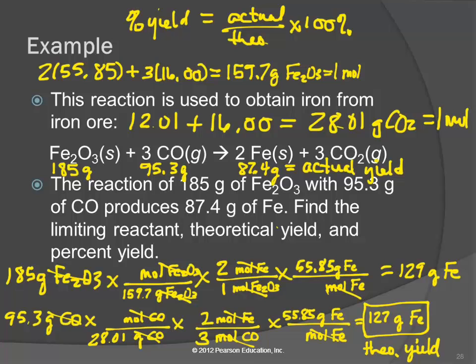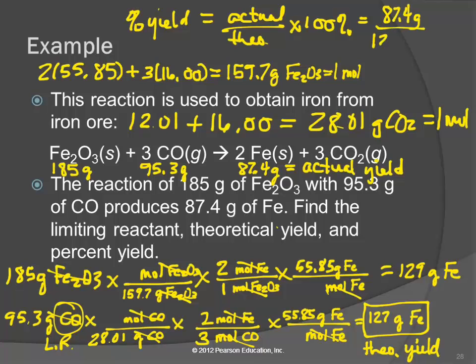That's one of the things they ask for. What's the limiting reactant? The CO. So this is our limiting reactant. And then it's asking for the percent yield. Well, let's see if we can squeeze it in up here. The actual yield was 87.4 grams.